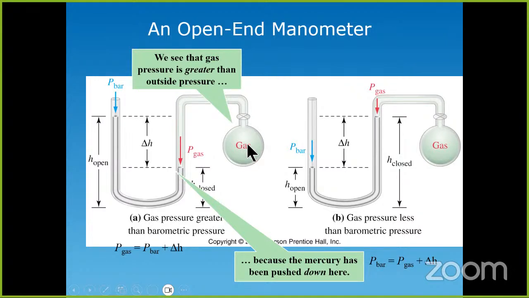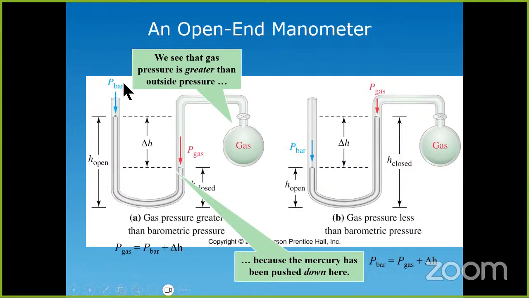In this particular case, the pressure of the gas will be exerted on the surface of the mercury on this side, and it pushes up the mercury level up to this height right here. So how do we calculate the pressure of the gas based on what we observe? Well, a couple of things you need to realize. Basically, you also have the atmospheric pressure acting on the surface right here.